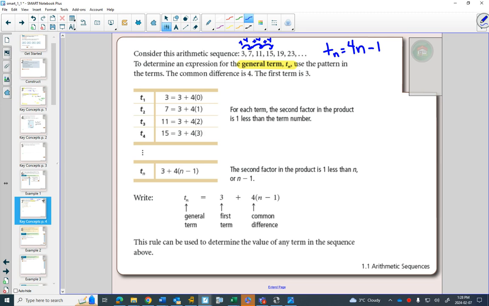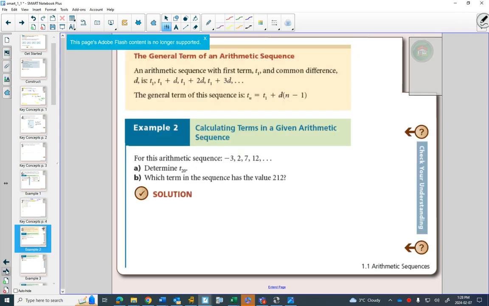Perfectly fine. But what this pattern allows us to do, and this is at the top of your next page, is write this out as a formula for any sequence.